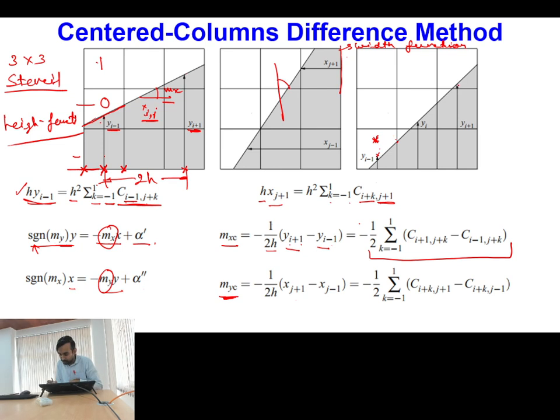So your line may be reconstructed like this, but the actual value of the interface is actually very less. Okay, so when your PLIC line segment is crossing the adjacent faces of the cell, in that case this column centered difference method gives errors. Okay, is this point clear? So it means this is not a foolproof method at the moment.